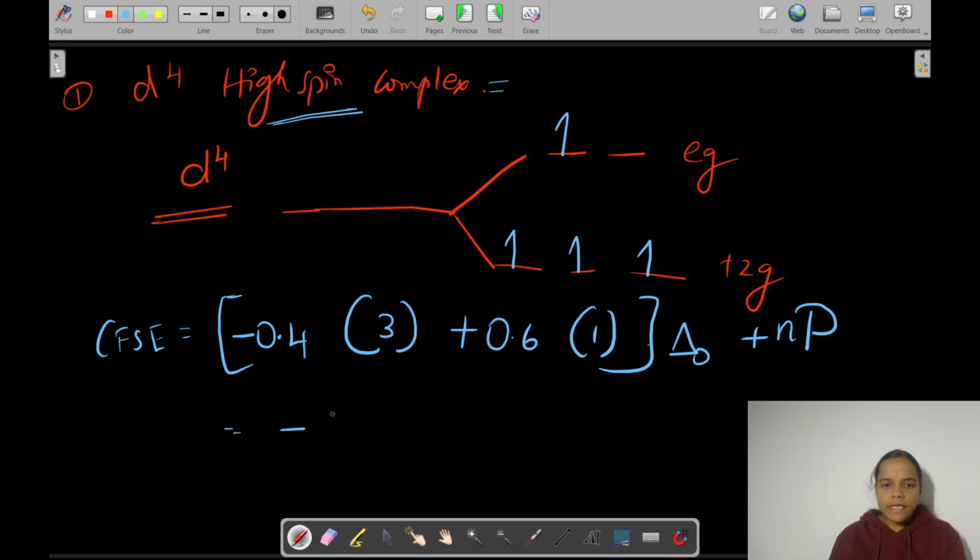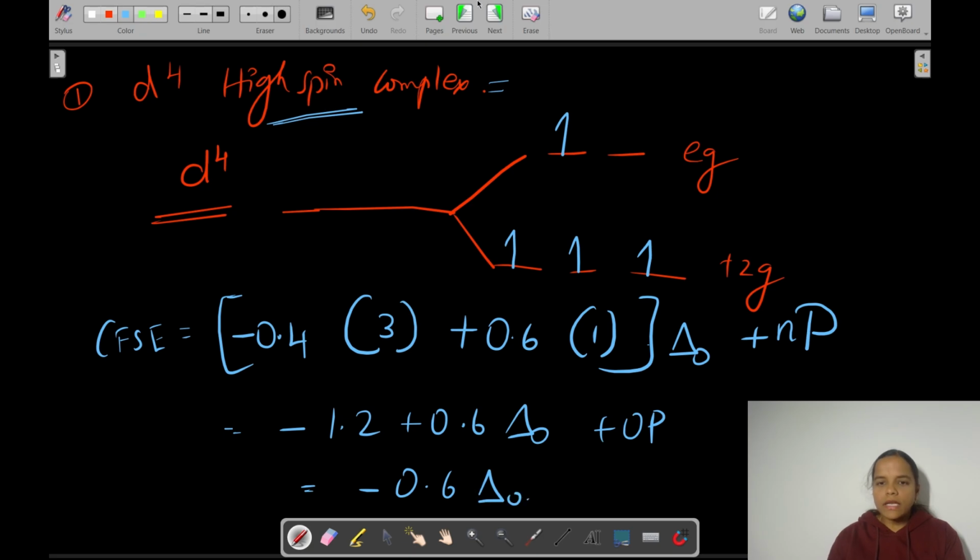So it is minus 1.2 plus 0.6 Δo, plus 0 P, which gives minus 0.6 Δo. And this is a previous year question asked in the year 2010.